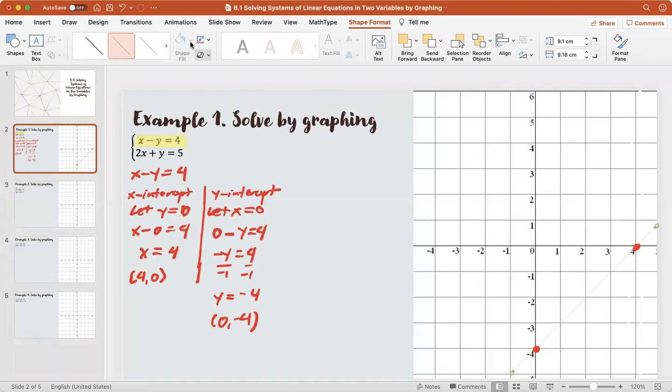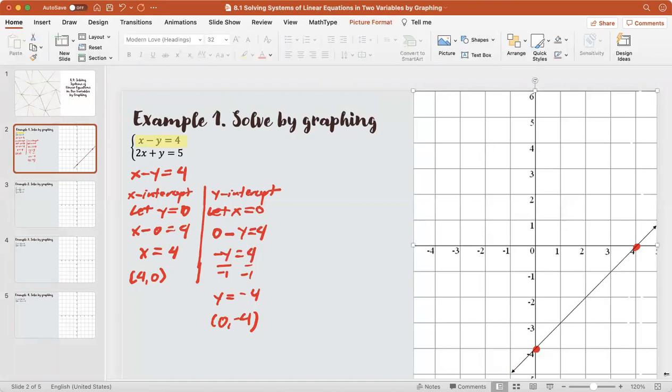All right. So there's your line, the line x minus y equals 4.